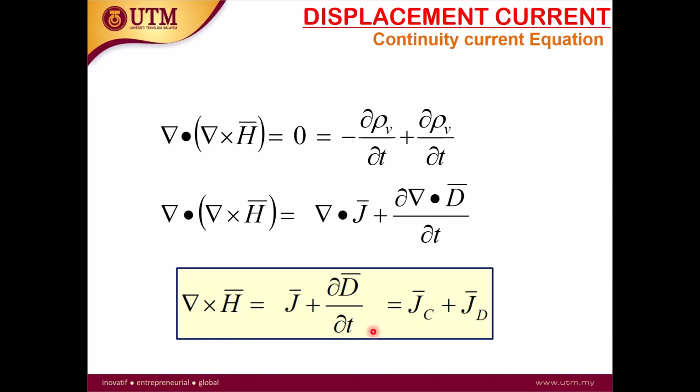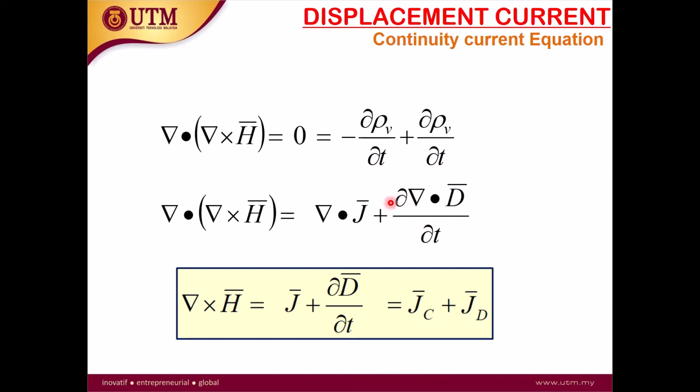And then we change the negative del rho V over del t to be basically equal to the divergence of J, and del rho V over del t is basically the del of the divergence of D. I hope you still remember that rho V is equal to the divergence of D. So we have two different functions here: one function related to the current density, another related to the flux density.